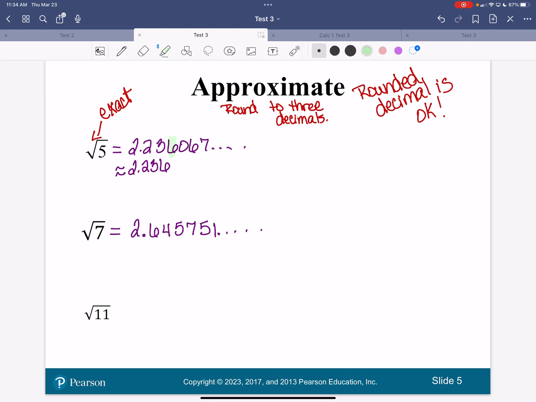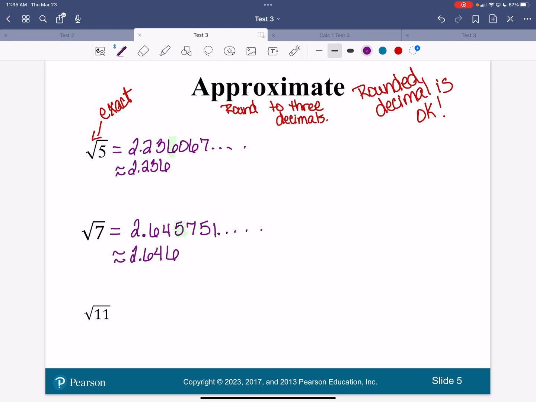So we are rounding to the 3rd decimal spot, and I need to look at what the next number tells this number to do. Does 7 tell the 5 to stay the same or go up? Go up. So this is approximately, that's what those squiggly lines mean, approximately 2.646.